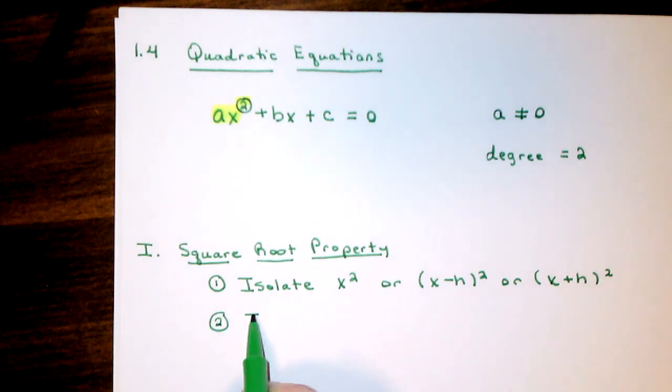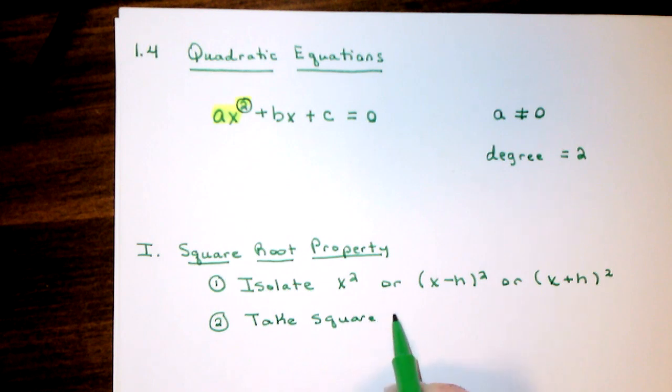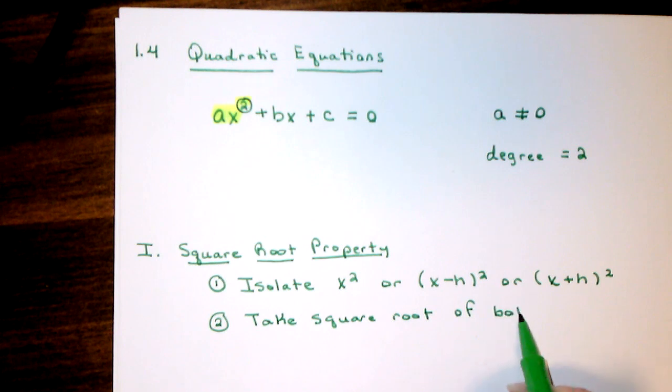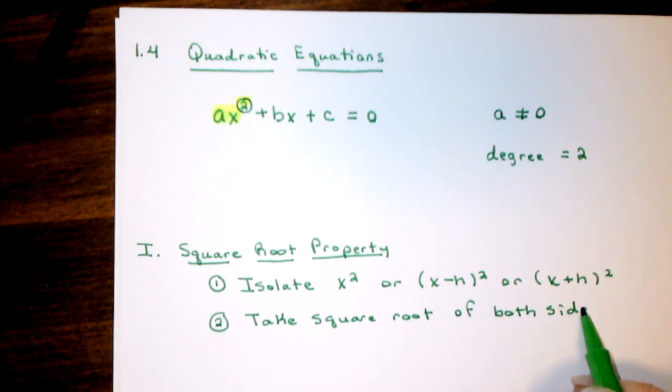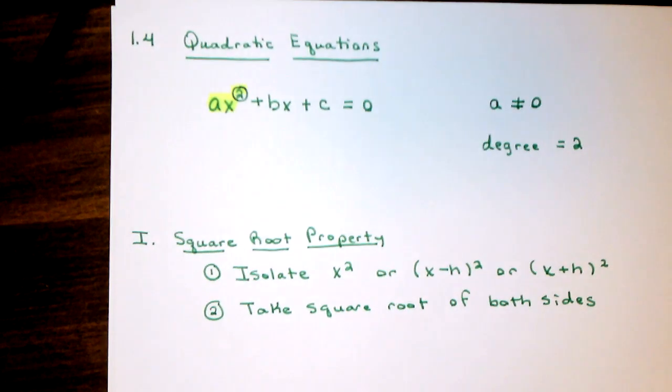Second, you want to take the square root of both sides. Third, after you have taken the square root of both sides, you are ready to solve, but do not forget your plus and minus. So for example, if you have x to the second equals 36.